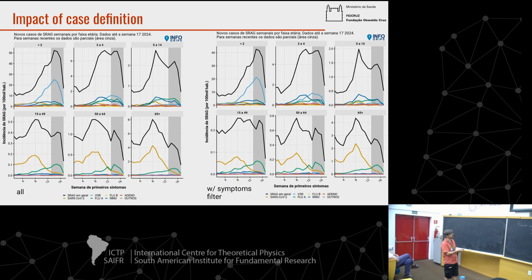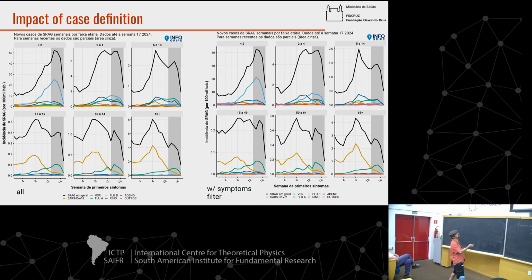On the right-hand side, a symptoms filter is applied to guarantee that the case definition is respected. The black line for each age stratum is the total number of new SARI cases by week, and each of the colored lines is associated with SARI cases positive for different viruses. Comparing those two panels, even though the volume is different, the trend is more or less the same.